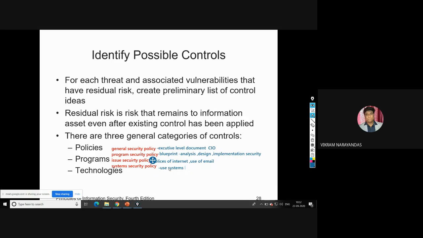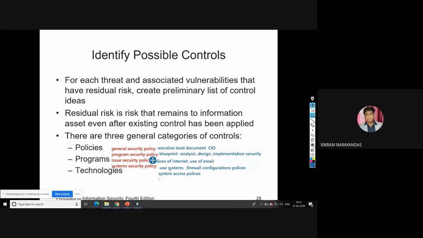You can include examples like firewall configuration policies, system access policies, and other technical configuration policies.